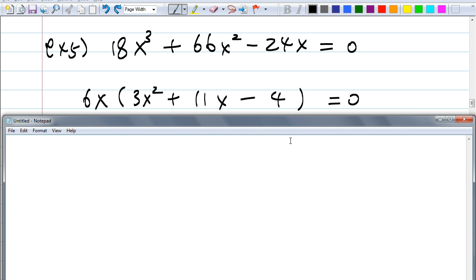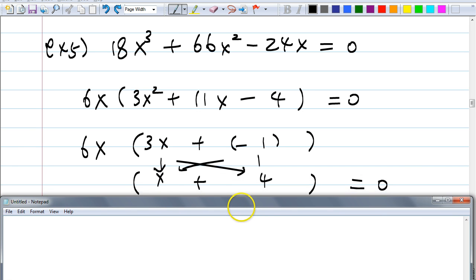Yes, good. Now, this trinomial, how many ways are there to get 3x squared, guys, when you factor? 1, 3x and x. And how many ways are there to get negative 4? 1 and 4, and 2 and 2. Which one works, guys? Paul, can you tell me what you get? Now, how do you factor this trinomial, Paul? 3x minus 1 times x plus 4.